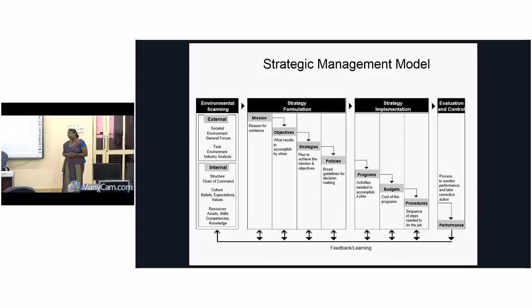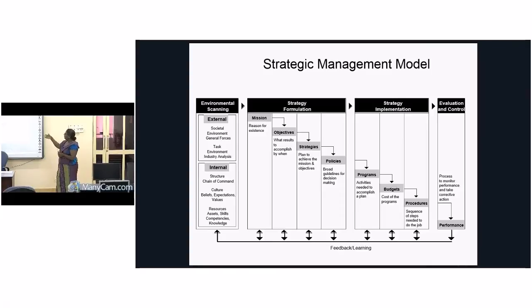For the purpose of strategic management, we identify the external environment like this, societal environment and task environment. So first of all, we will do the external environmental analysis.